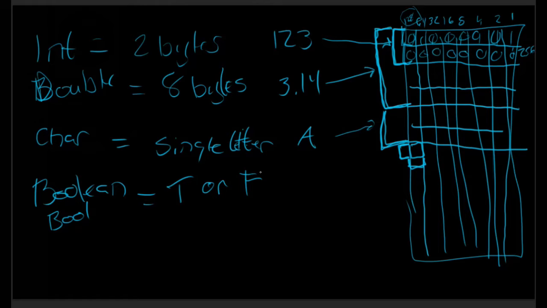That's it, right? So these are our basic types. And like I said, in different programming languages, you might have an int, you might have things called a short that maybe only takes up 1, or a long, which is a huge number that takes up more.